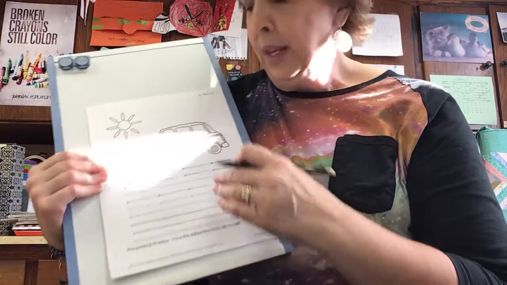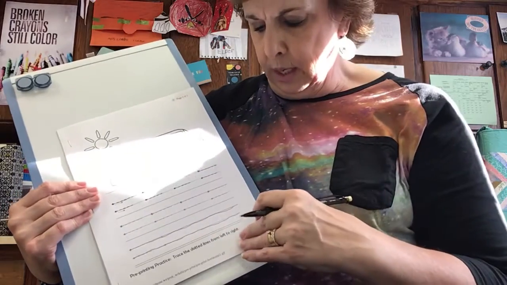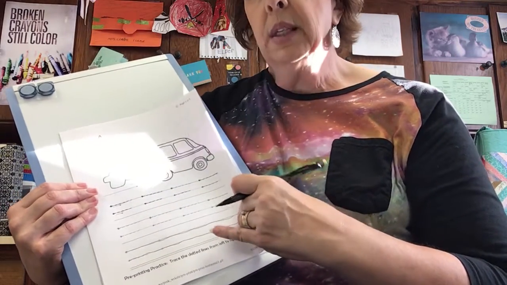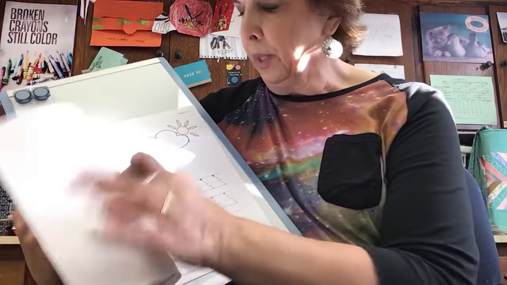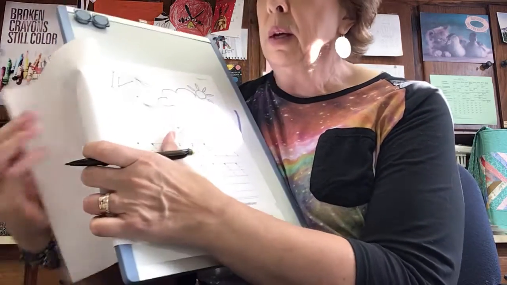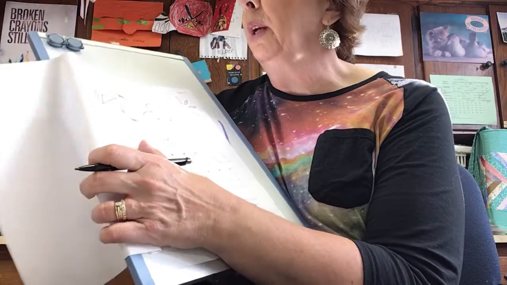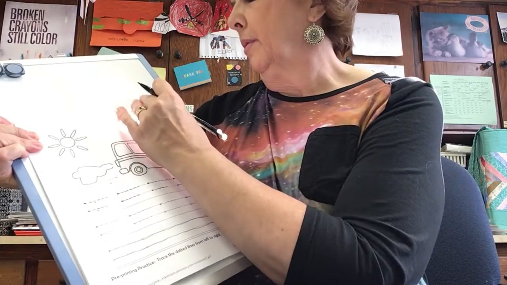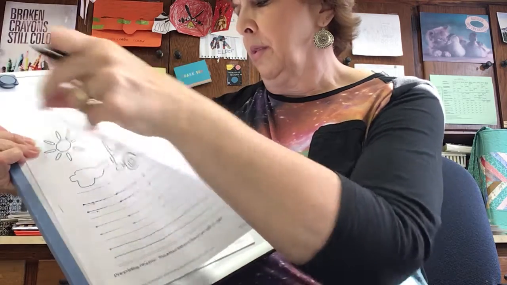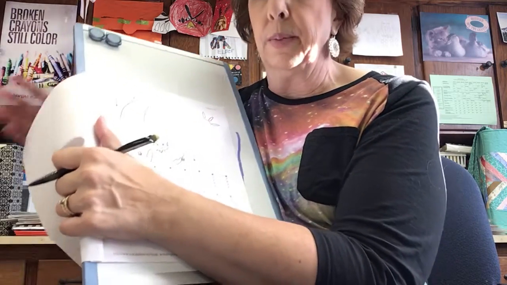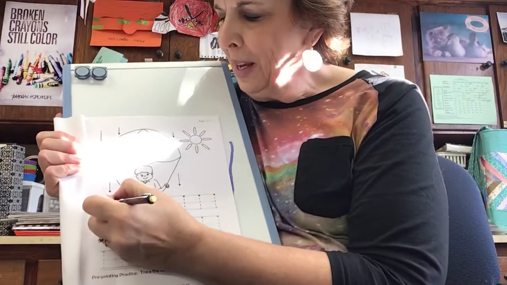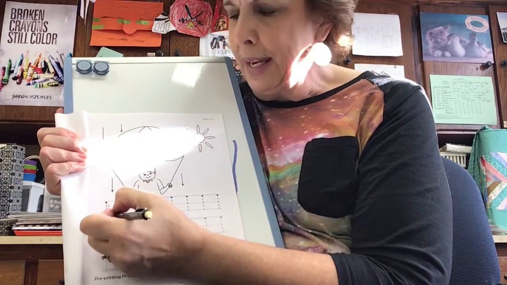Now, the next page is our parachute ones. So that means the line has to change. Oops, I turned two pages. There it is. There's the parachute. Now this line, you start way up top and you go down.